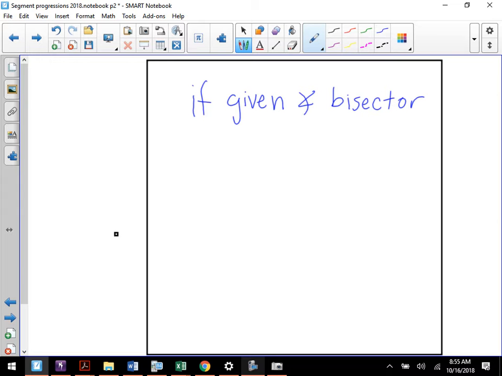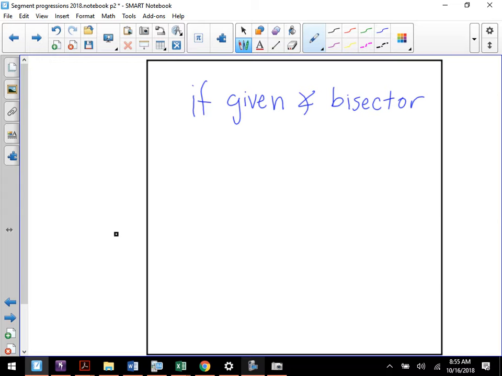Alright, so you guys just did segment bisector, so now it's angle bisector. If you're given an angle bisector, what are you gonna be able to say from that? With segments, you had segment bisector, then you said the segment was congruent to the segment.